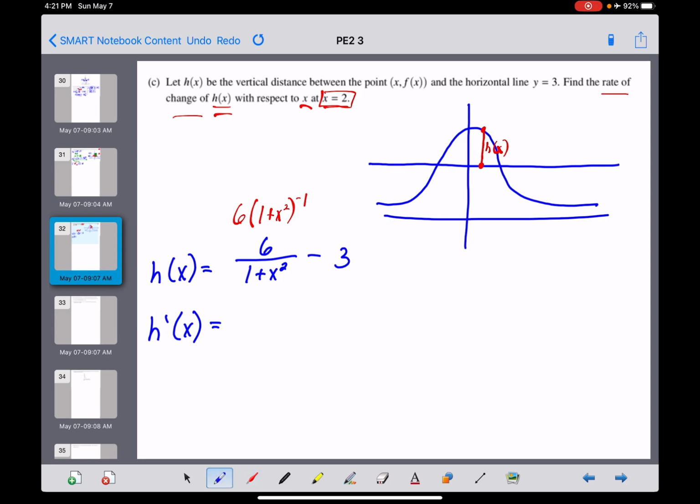That derivative would be -6 times 1 plus x squared to the -2nd power times the derivative within, which would be 2x. The derivative of the -3 at the end is just 0. So that derivative represents the rate of change, and I could clean that up to make it -12x all over 1 plus x squared, quantity squared.